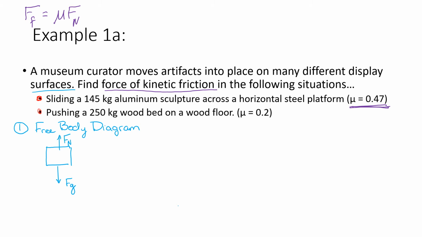And because the floor is horizontal, it's a horizontal steel platform. Remember, normal means perpendicular to the surface. So that means the normal force is straight up. What else do we have?